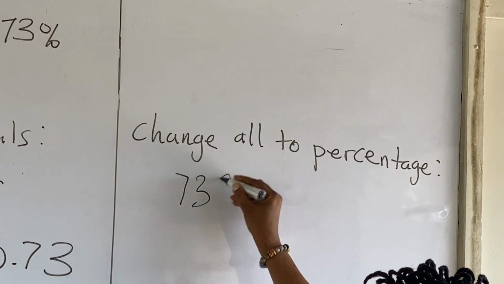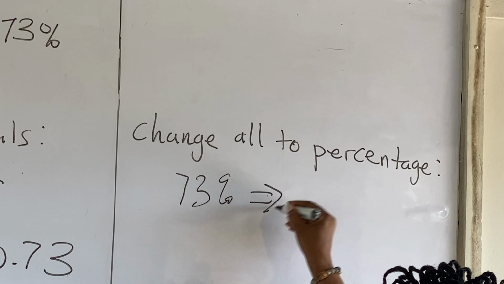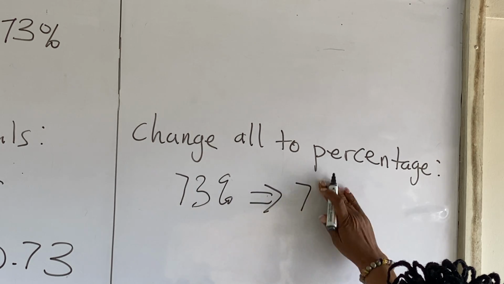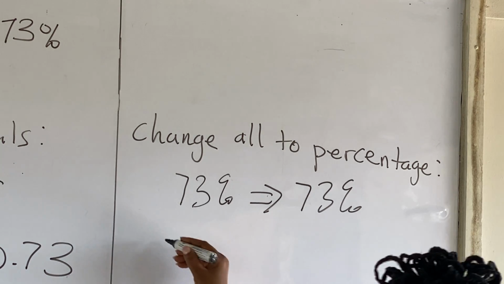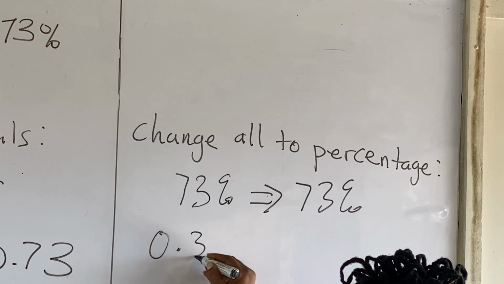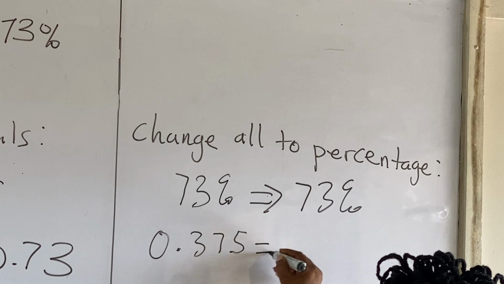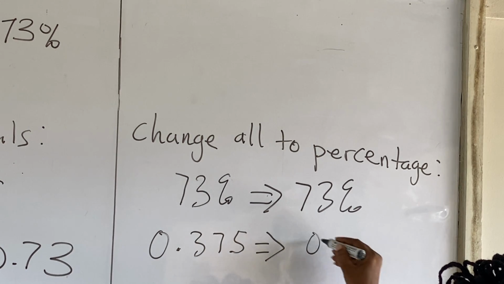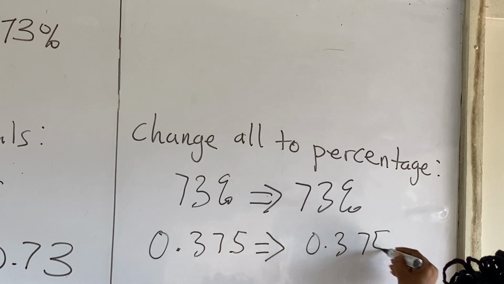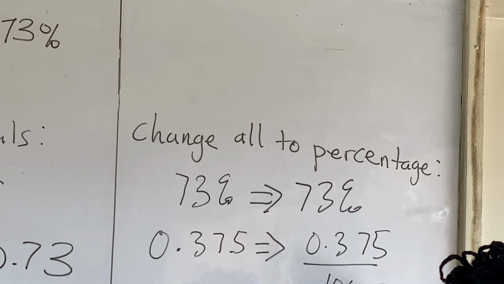Now, 73% is already in percentage form, so we'll leave it as such. So you have to change 0.375 to percentage. So 0.375 over 100.